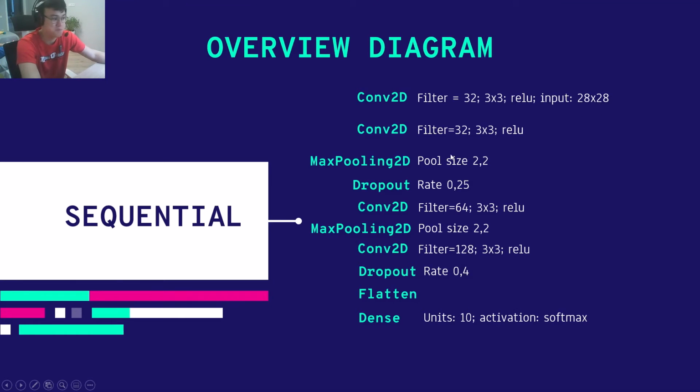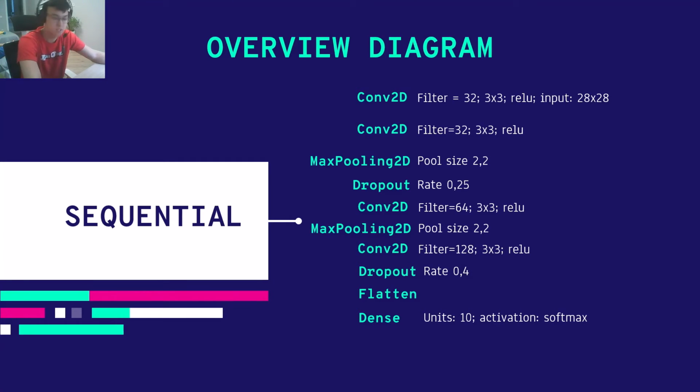Then we have another Conv2D with 32 filters, 3 by 3, ReLU, max pooling with pool size 2 by 2, and then dropout with rate 0.25.